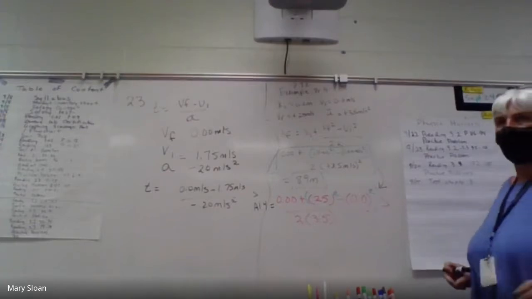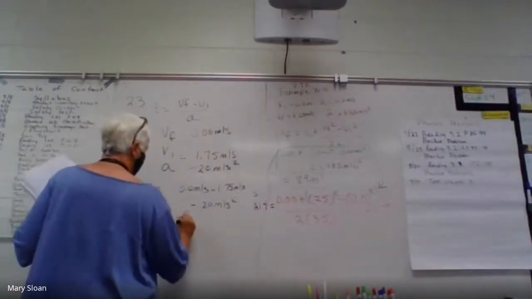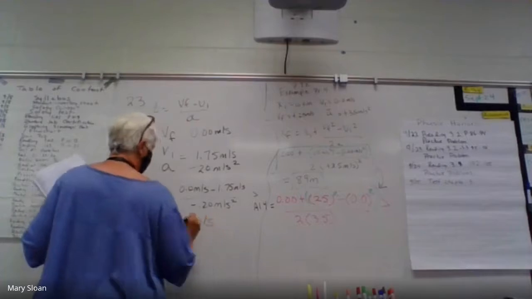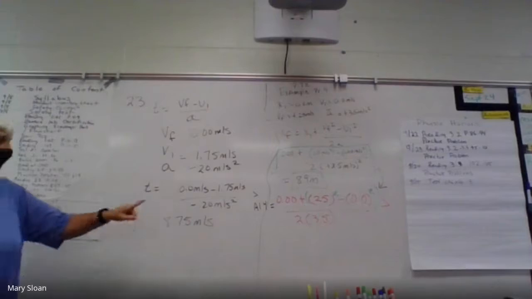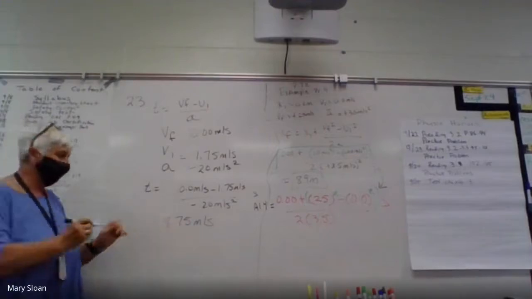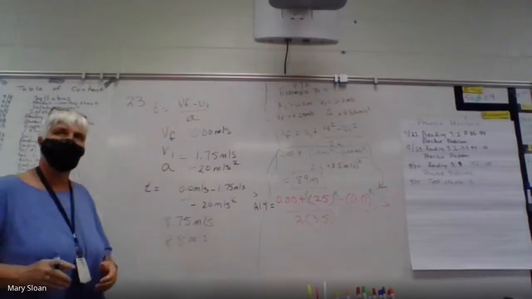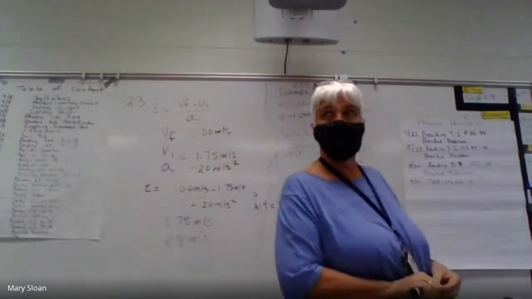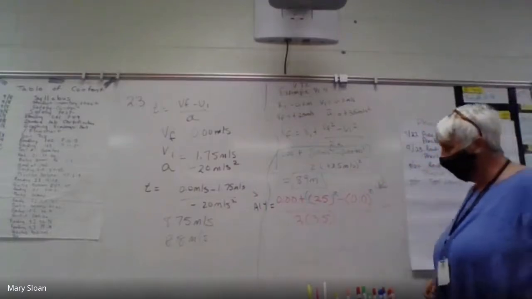What'd you get, Jay? 8.75. 8.75 meters per second. Okay? Sig fig rule? 2 digits? 8.8 meters per second. Perfect. So that's the answer for 23.